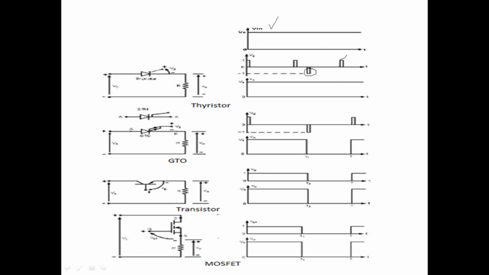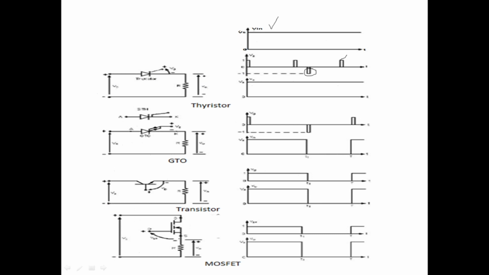For example, in an enhancement mode MOSFET, if you apply positive voltage between gate and source, an inversion layer is created, where minority carriers are concentrated between drain and source.